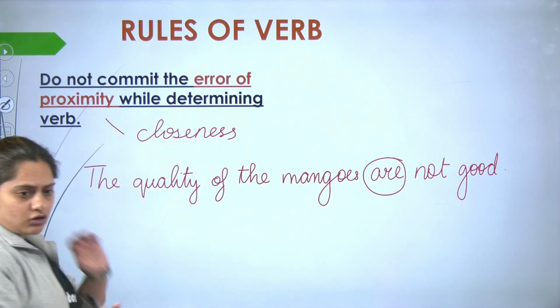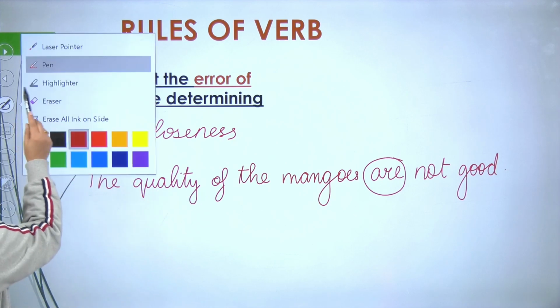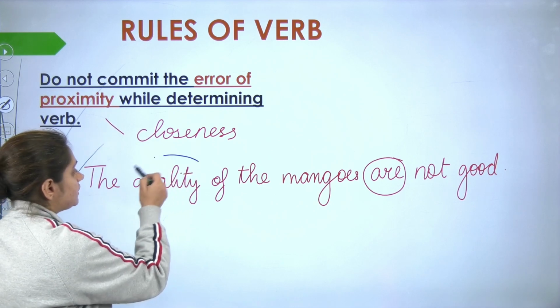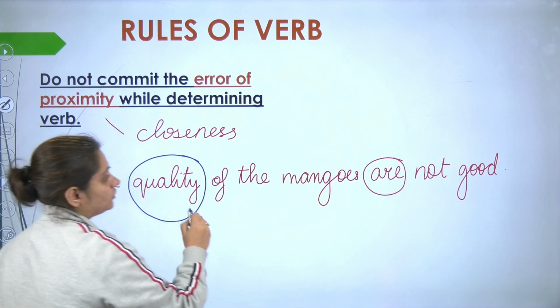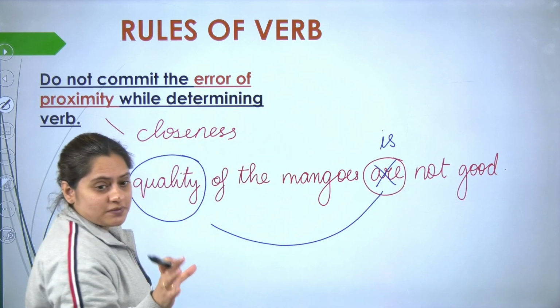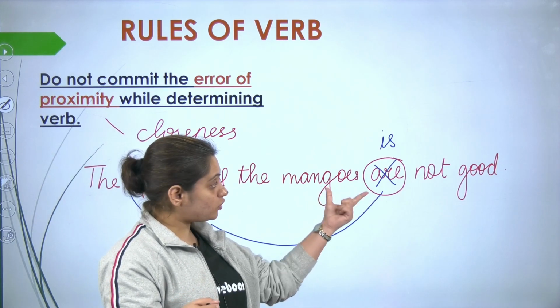I can see that this verb is closest to the subject mangoes. But the problem is, we are not even talking about mangoes. Our subject is not mangoes. Our subject is quality. Quality is not good. So quality is singular. What will come here? Is. So usually people make this error because they feel the closest subject is this, the proximate subject, proximity error.